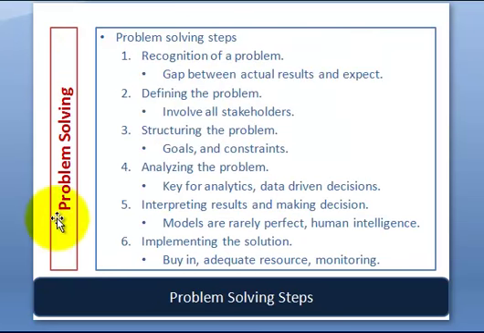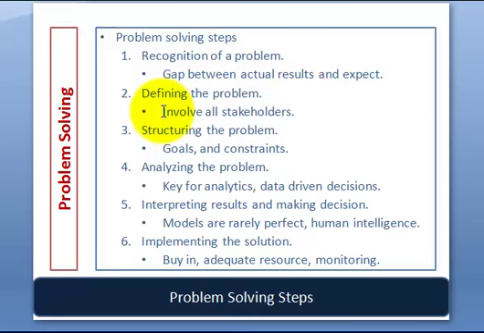The last point I want to cover is some steps to problem solving. The first step is recognition of a problem. Usually there's some sort of gap between what's actually happening, or your actual results, and what you expected. The second is to define the problem. This is a very involved stage.